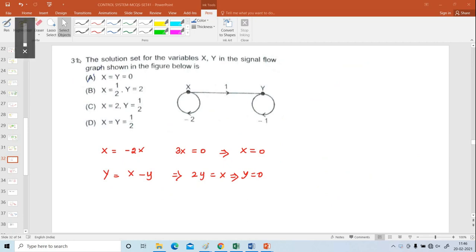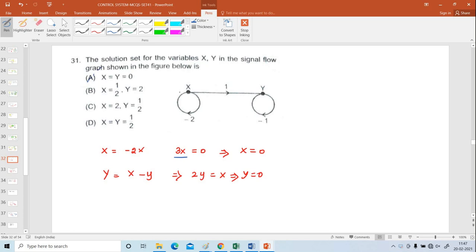Next problem, the solution set for the variables x, y in the signal flow graph shown in the figure below. Here the signal flow graph is given. Here find out x and y. So what is x? x is equal to minus 2x. So from this, 3x equal to 0.